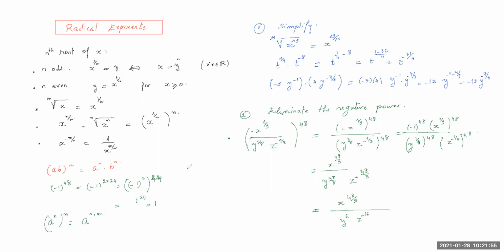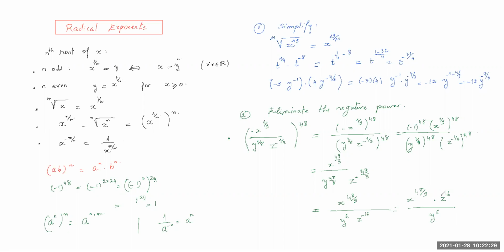Then I use the fact that 1 over a^(-n) is a^n. So it will be x^(48/9) times z^16 over y^6.